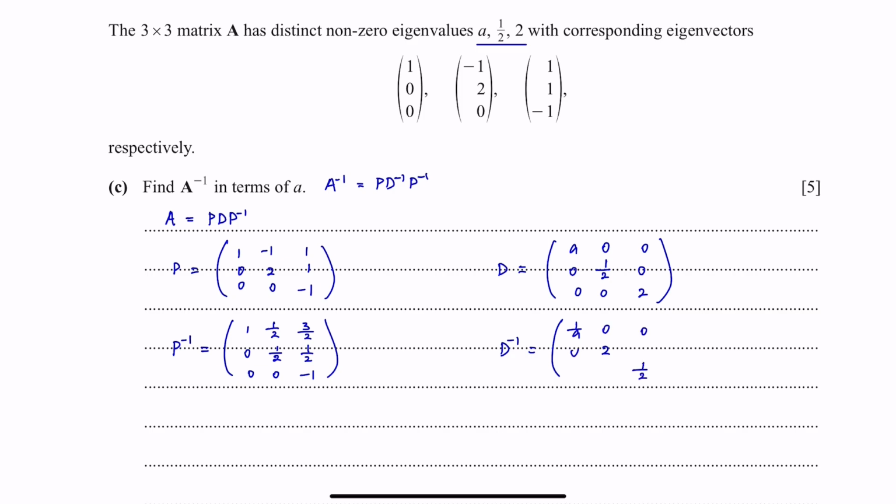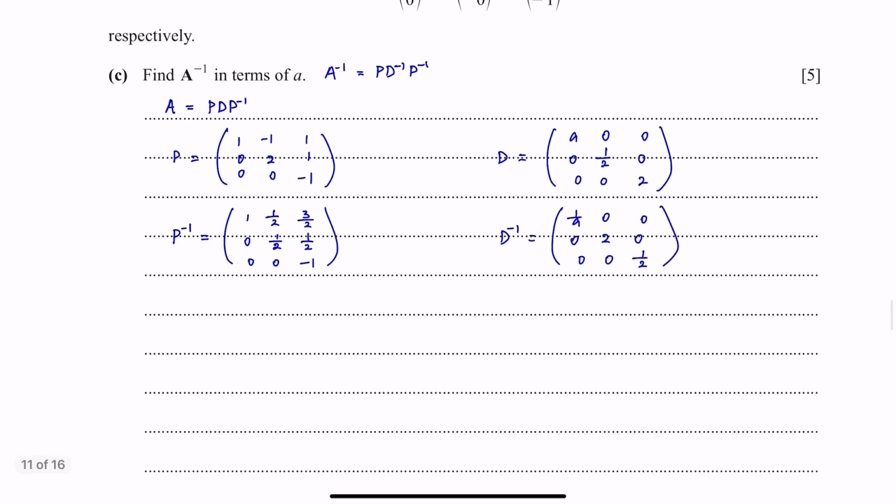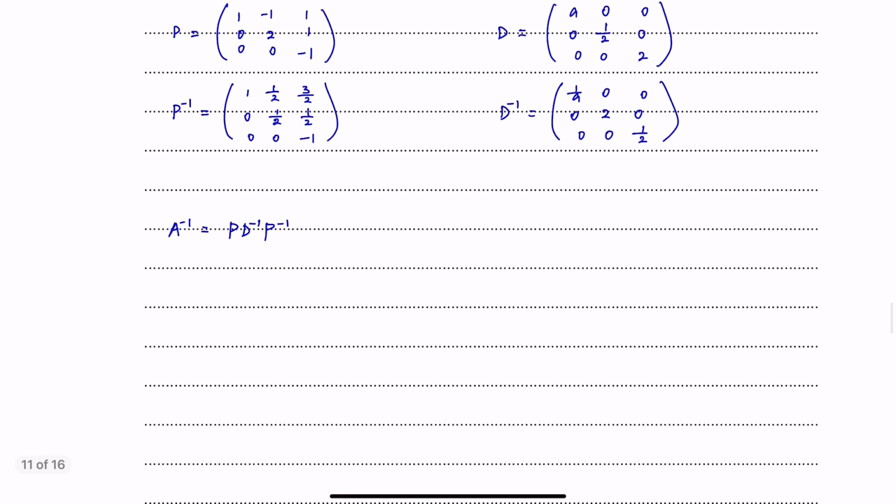Then the rest is just zeros. So this will be the inverse of D. So inverse of A is P D inverse P inverse. And I can write it like this.